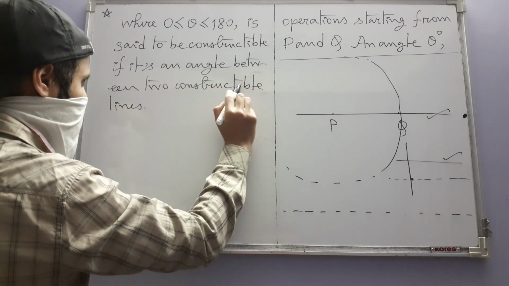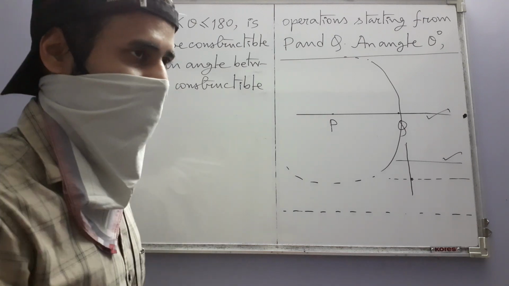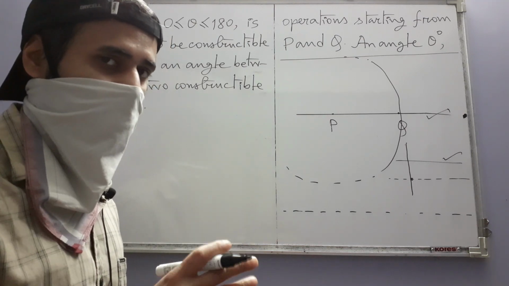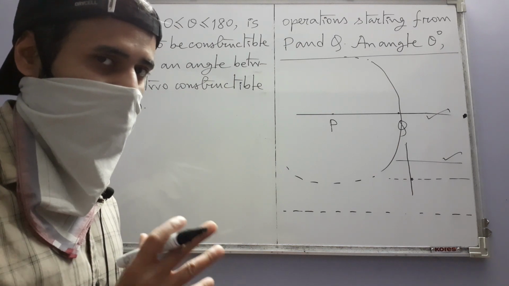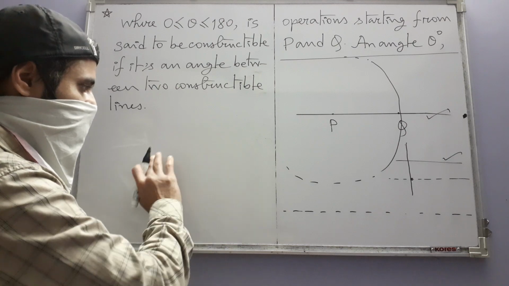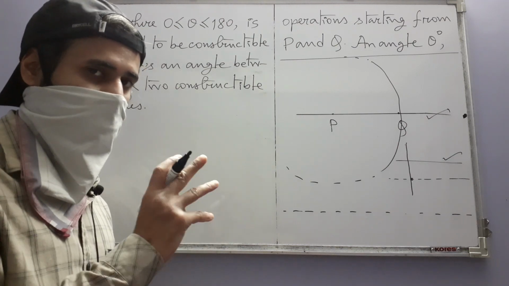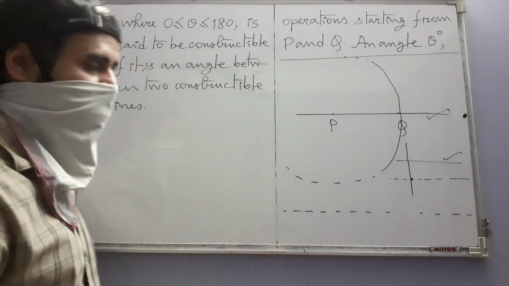I say an angle because once two lines intersect, there are two measurements of angles, right? Two opposite angles which are of equal magnitude and two other opposite angles. So it is any one of them.